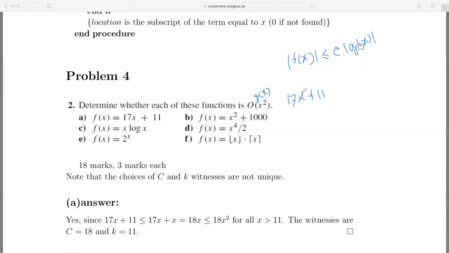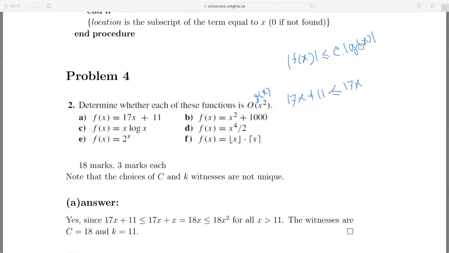So let's do it. The easiest thing to do is to bump everything up to the highest term. You have 17x, that's fine.